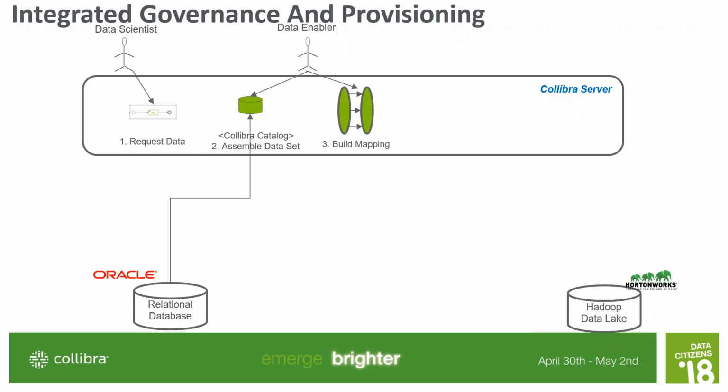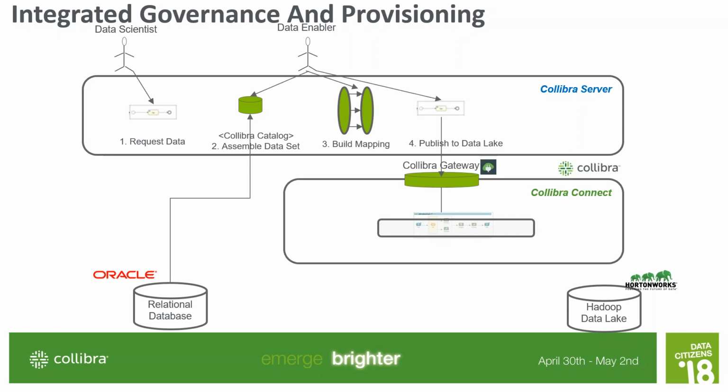So the data enabler now, after defining the source and the target columns and tables or files, applies microservice depending upon what are the characteristics of the particular source and the target. Next, the data enabler makes a request to publish to the data lake.